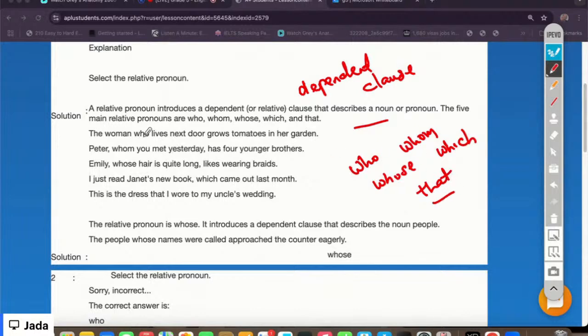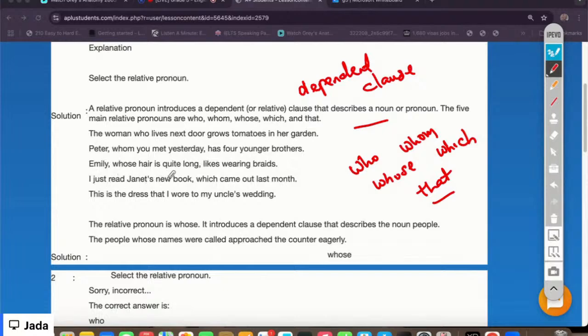Okay, so: The woman who lives next door grows tomatoes in her garden. Peter, whom you met yesterday, has four younger brothers. Emily, whose hair is quite long, likes wearing braids.